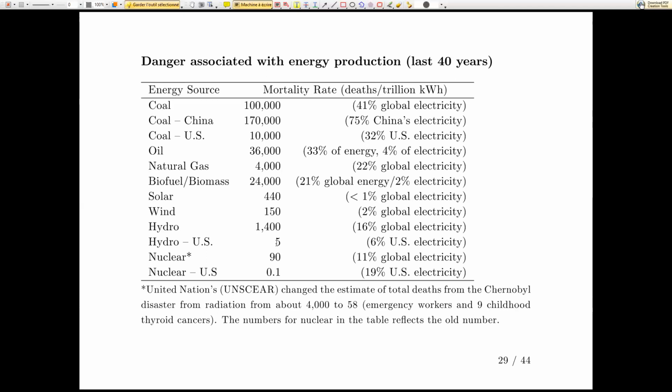One other comment. Among the renewables, biomass, again, that's emissions.